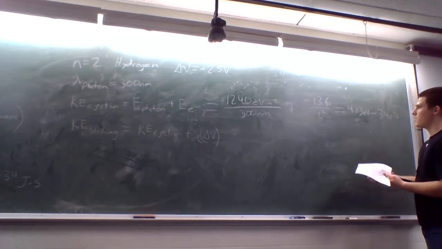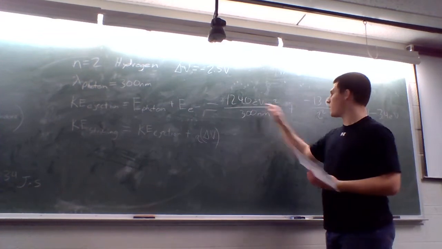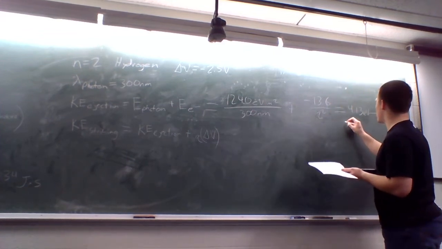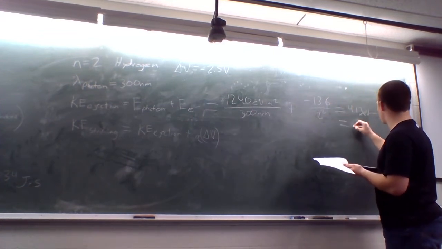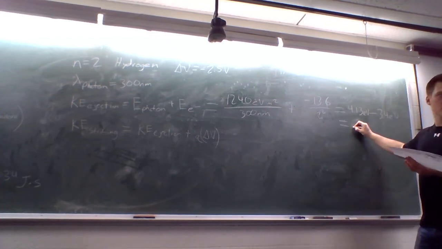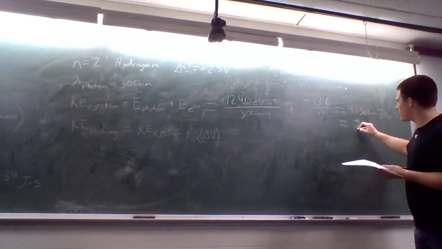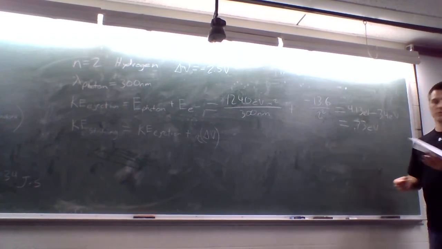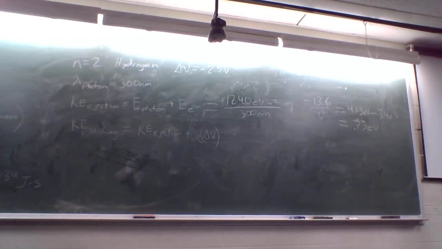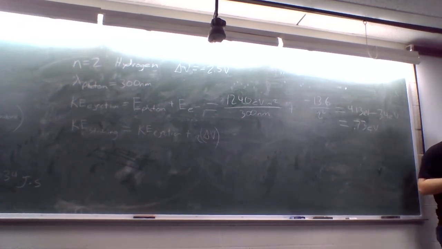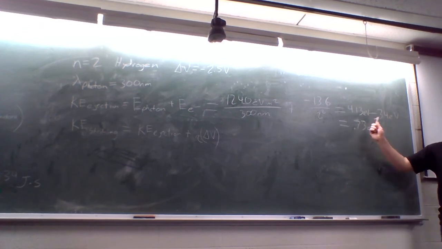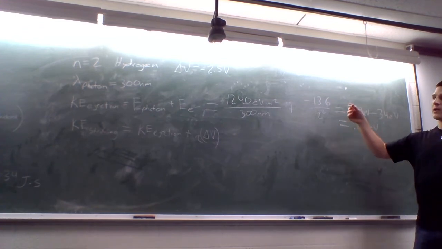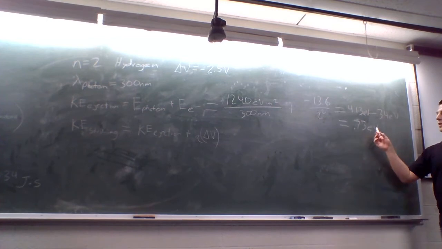So this whole thing that we just did was just to find the kinetic energy, which equals 0.73 electron volts. Once again, this is the kinetic energy of the electron after we have ejected it from some orbital of this hydrogen atom, this n equals 2 orbital.